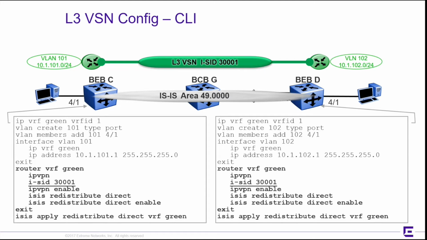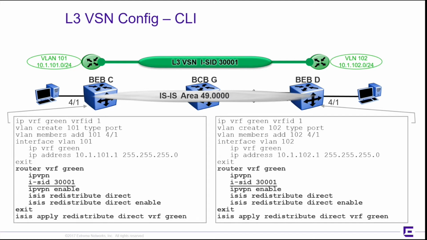Excuse me, the VRF name can be anything. You'll notice up top there, we're giving it IP VRF green, VRF ID 1, so it's the first instance of VRFs. As I mentioned, we can have 256 of these. It could be called Skynet, whatever you want to call it. Typically, that's what I use in a lab, kind of after the movie there.